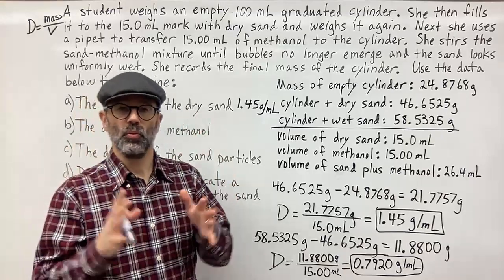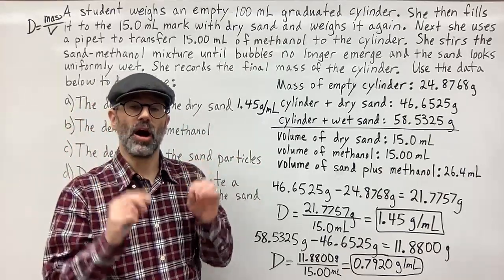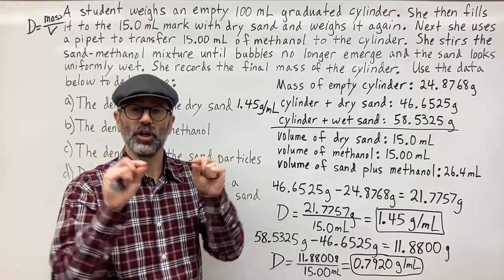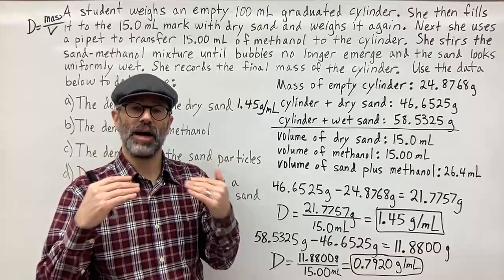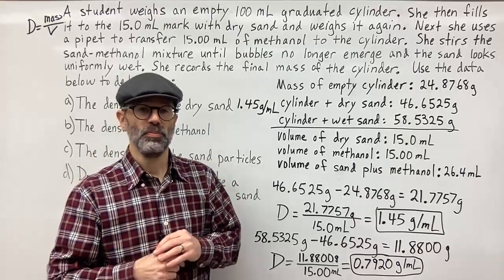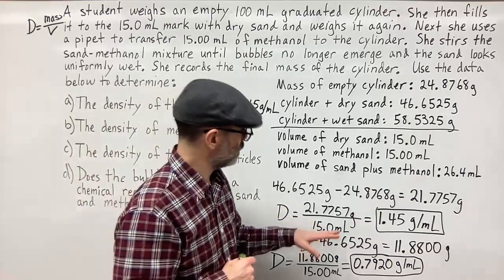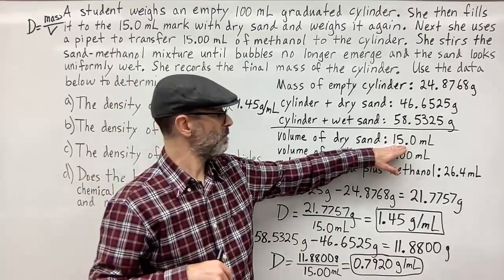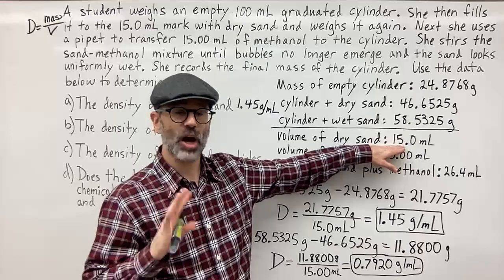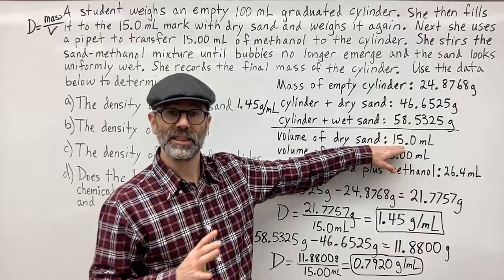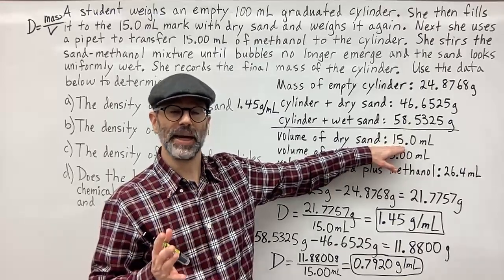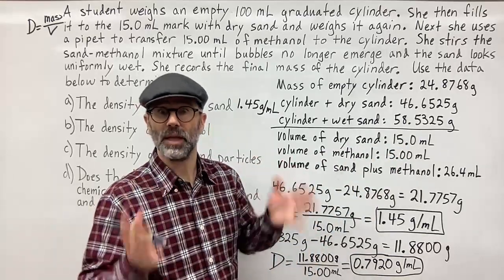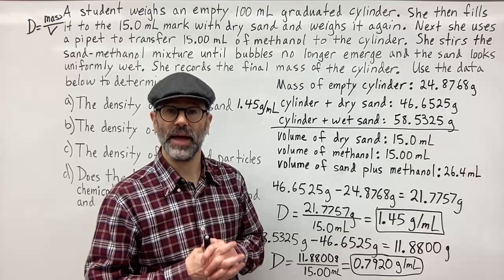So this 15 milliliters of sand that we filled up in the graduated cylinder, the sand grains aren't filling up all of that space. Some of that space is filled up with air.